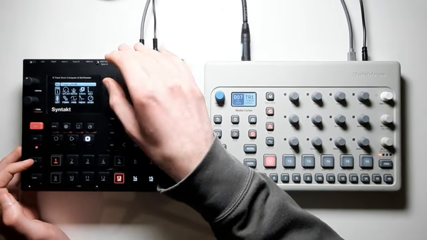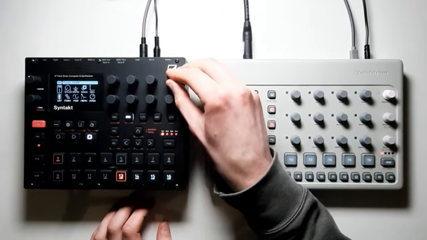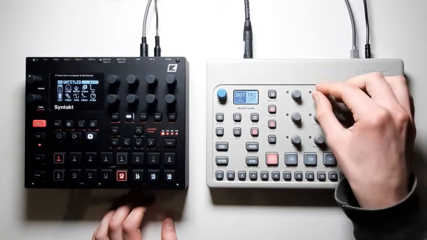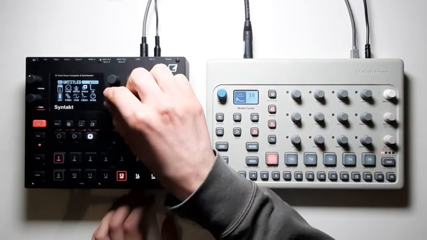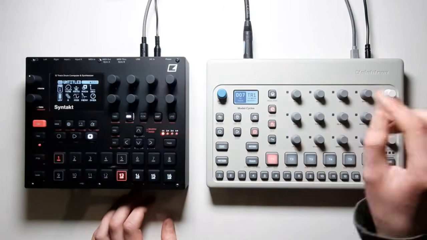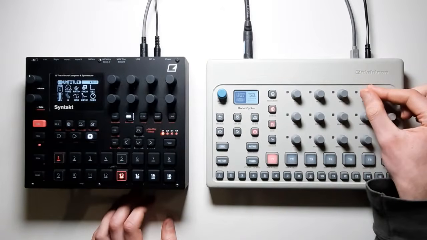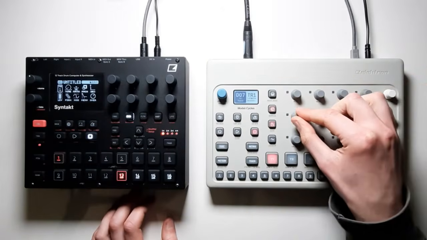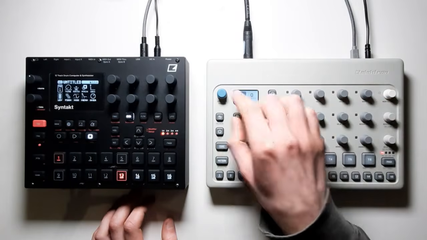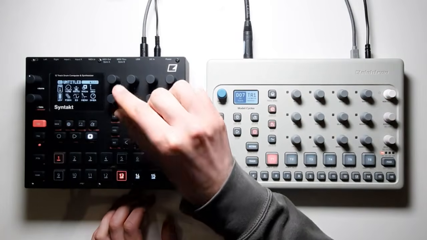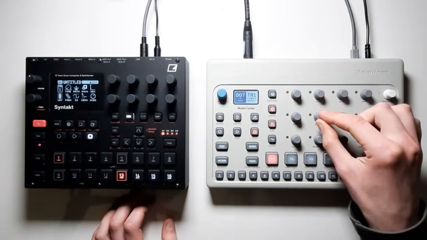So minus 24. Then we have the decay at 16. The feedback is 0. The feedback corresponds to the swap. The modulation is 53.